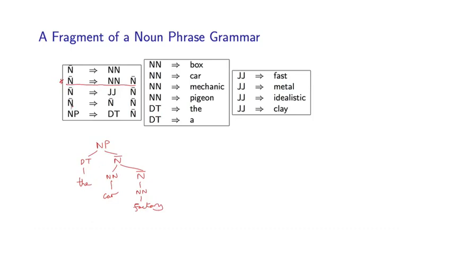Okay. Moving on, let's finally look at this rule here, which says that an n-bar can actually be formed by an n-bar followed by another n-bar. Let me give you one example of how this rule can be applied. So again, at the top we always have NP goes to determiner n-bar. And now I'm going to make use of this rule.